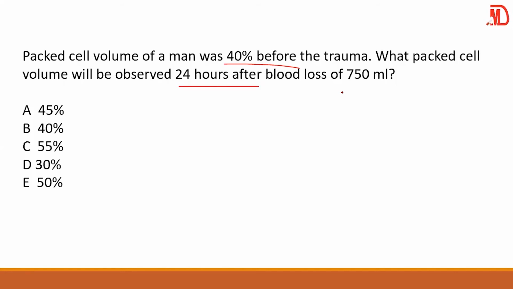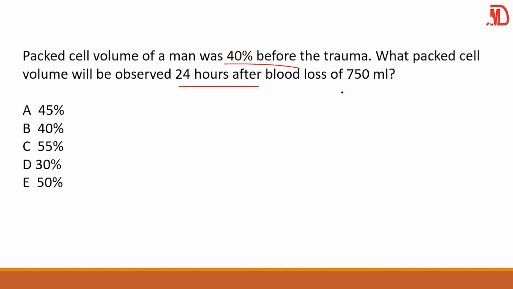However, erythropoiesis will not be able to replace all the cells that have been lost in 24 hours. Because when there's blood loss, the body tries to compensate by increasing production of blood cells.